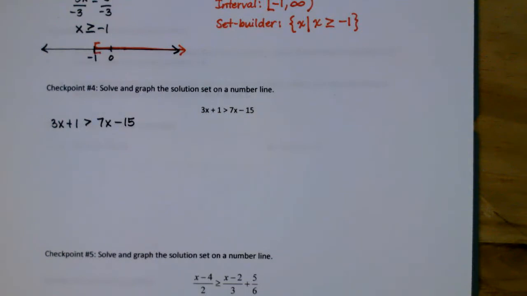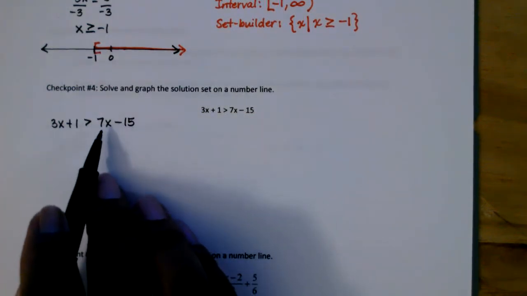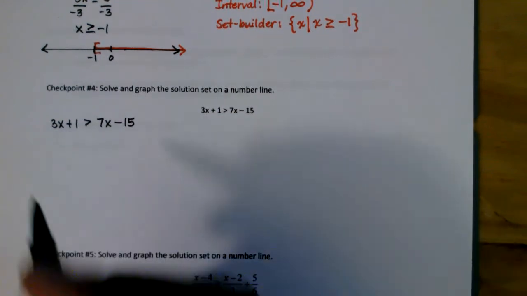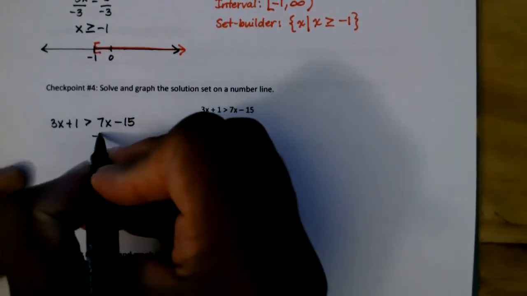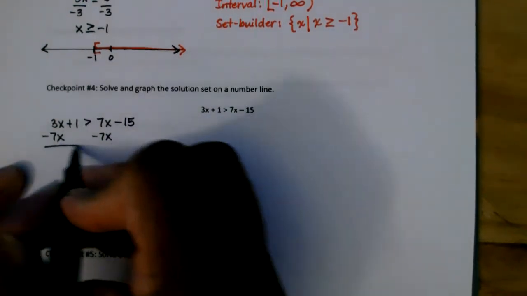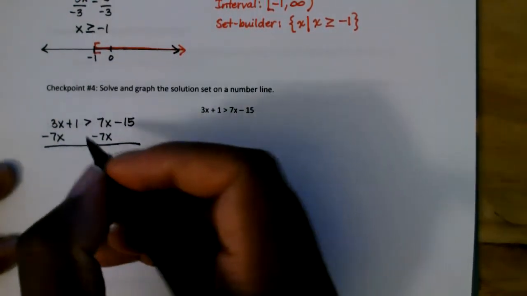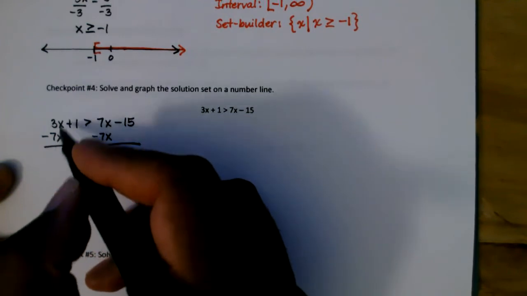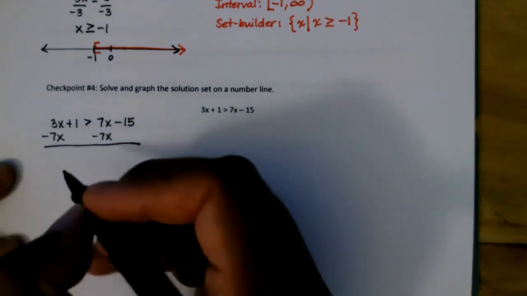Now, when we do this, it would be best to put the variable on the left-hand side of the inequality. So that means I'm going to move the 7x over to where the 3x is. And I'm going to do that by subtracting 7x on both sides. So now I got 3x minus 7x.